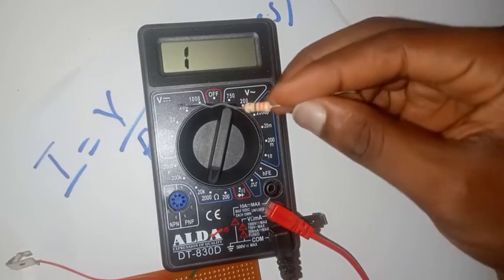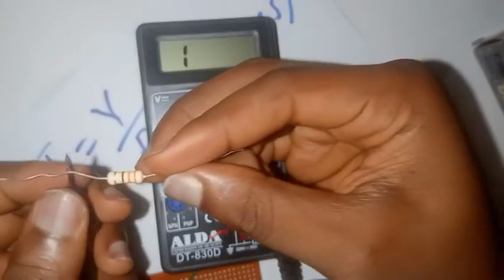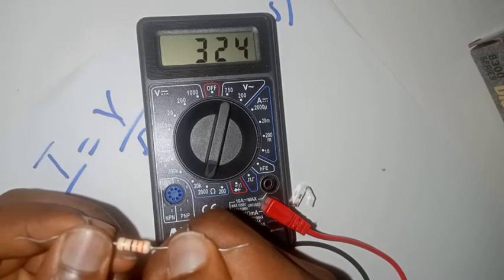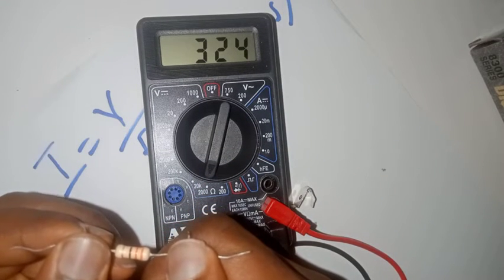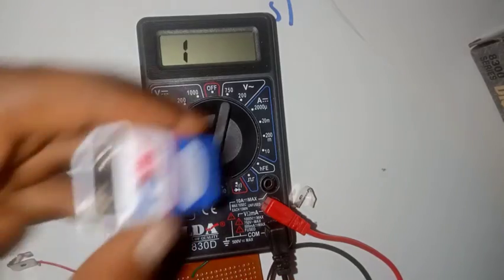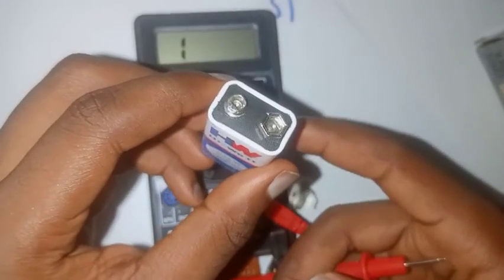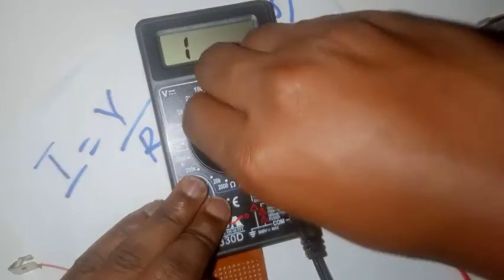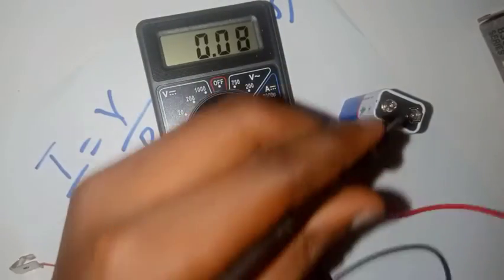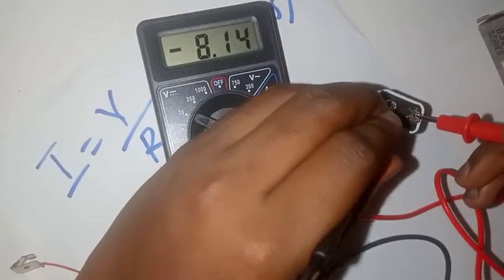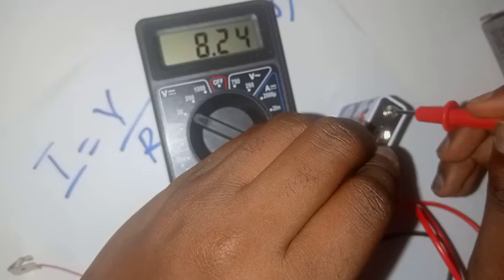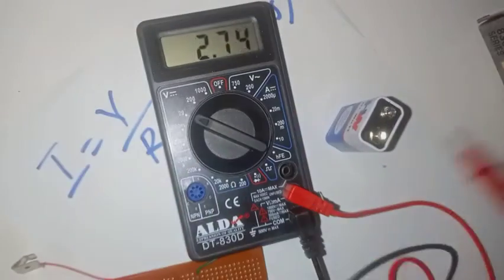Take for example this resistor. It has a value of 324 ohms. I'm going to connect this voltage across it. The value of the voltage is 8.24 volts.